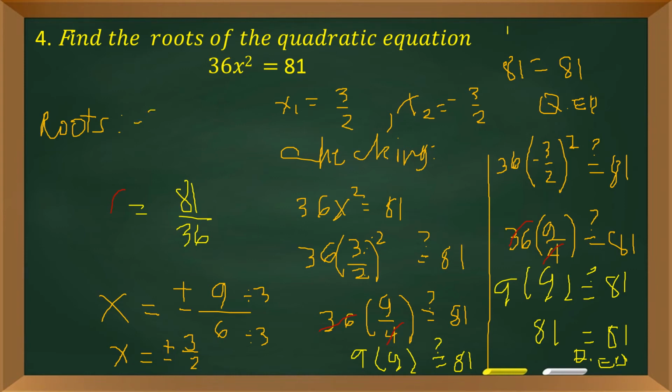Negative 3 halves. You notice that in writing our solutions or roots, inuuna natin yung smaller root or solution. Susunod yung larger root or larger solution. Kasi in this case, negative 3 halves is smaller than positive 3 halves. Kaya inuna natin sinulat yung negative 3 halves. That's it.